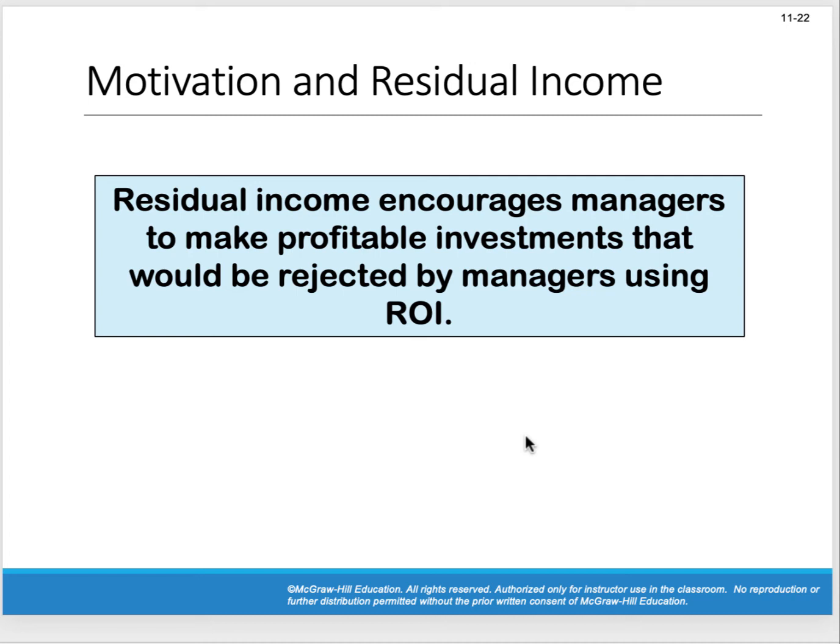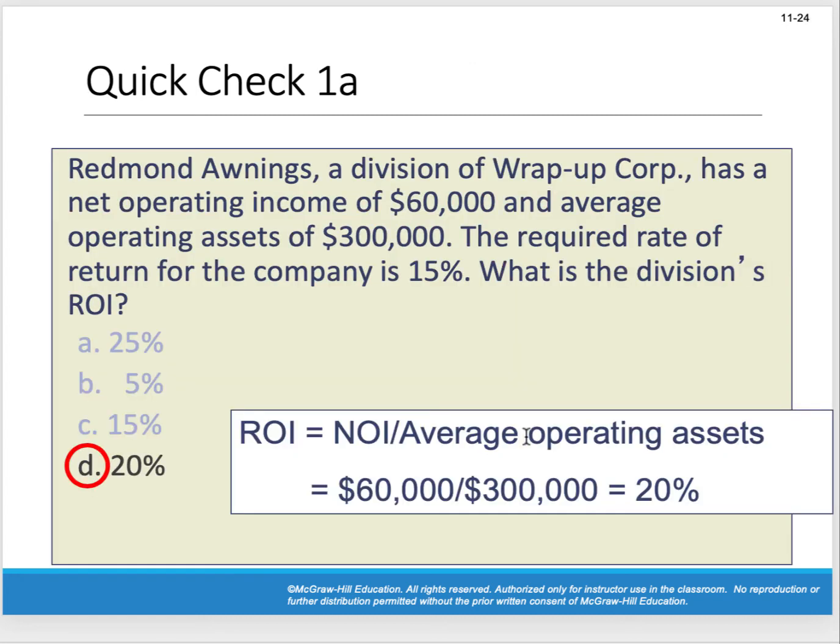If we use ROI and residual income to make a decision, that should ensure that we're making the best decision, right? Because ROI says we're going to reject a profitable investment. Residual income says, you know what? Under ROI, you might have rejected it, but based on residual income as a measuring stick, you're going to accept that profitable investment or that profitable project.